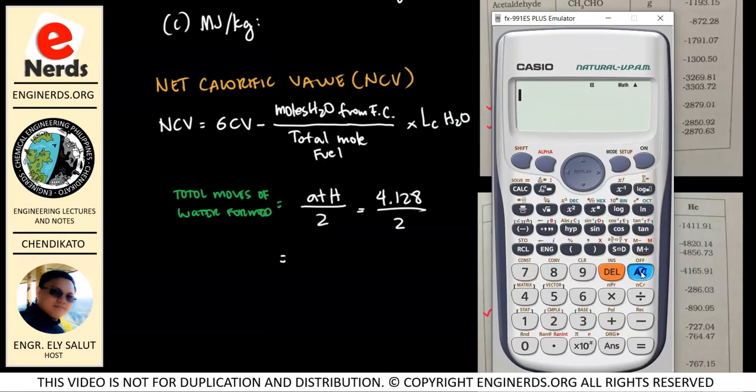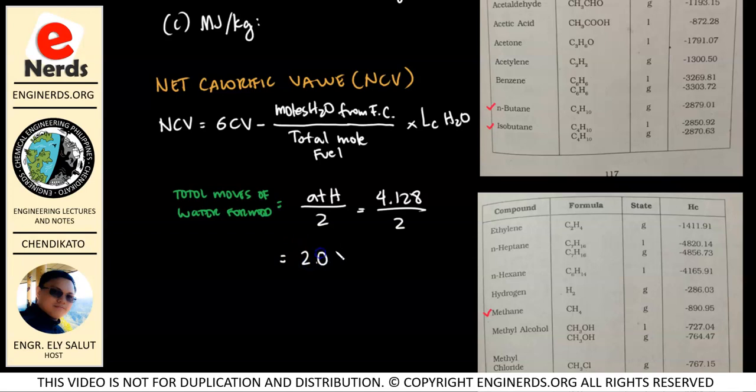So, we have 4.128 divided by 2, which is equal to 2.064. Okay, 2.064 kilogram mole of water. Okay? So, nakuha na natin yung ating moles of water.